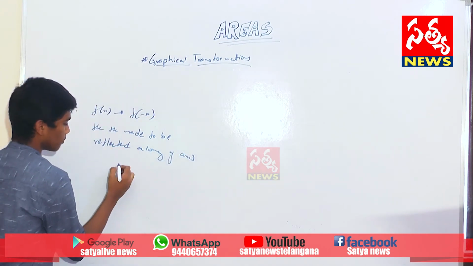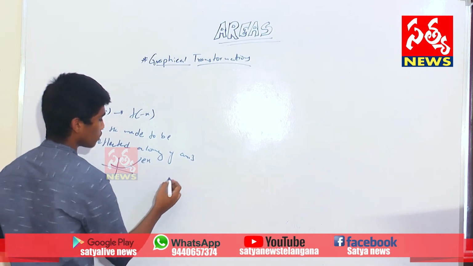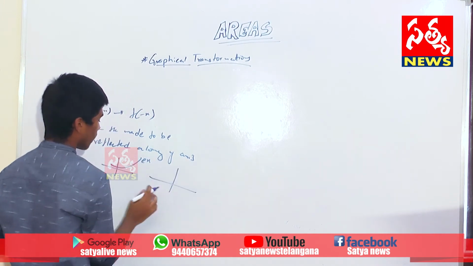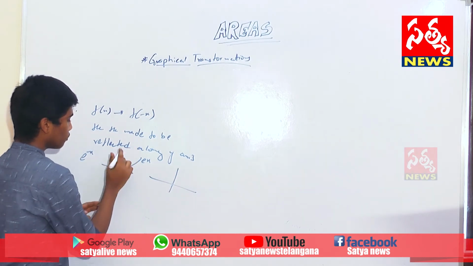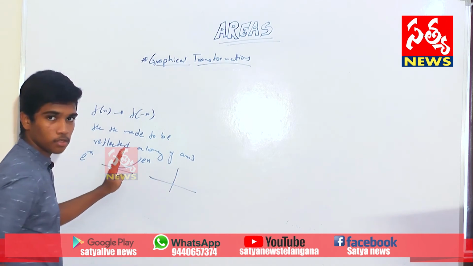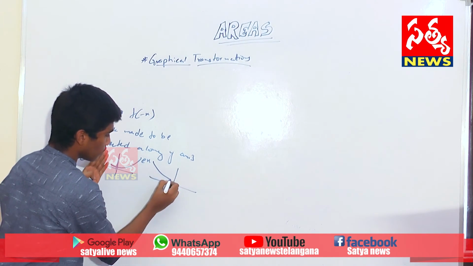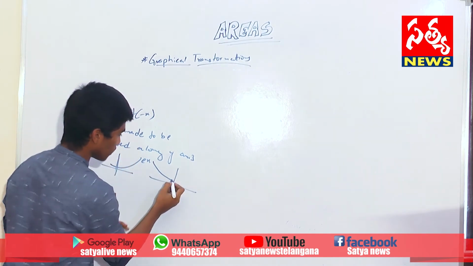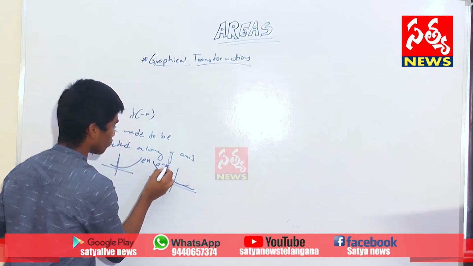For example, this is the curve of e power x. And if we ask what is the curve of e power minus x, then we have to make a reflection with respect to y-axis. So the right side part becomes left side and left side part becomes right. So this is the curve of e power minus x.